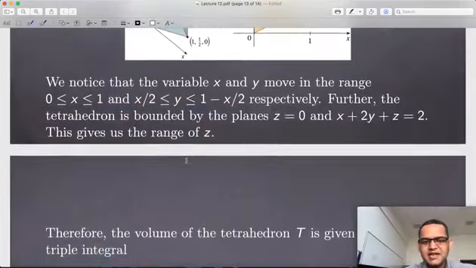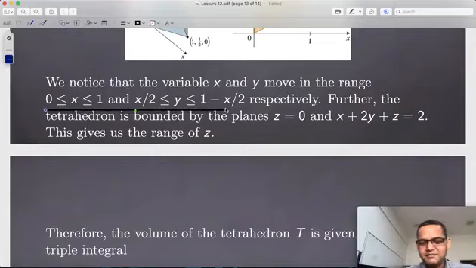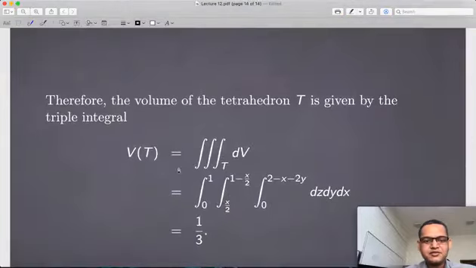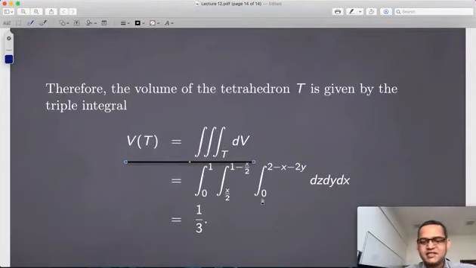So once we realize this, then the limits for x and y we already have from our previous lecture, and the limits for z are going to be this, and there is no function here to integrate, so that's the constant function 1. So the volume can also be written as a triple integral, dV without any function over here. Just set the limits, and this is just a simple integral you can compute. So you will see that the answer is also going to be the same.